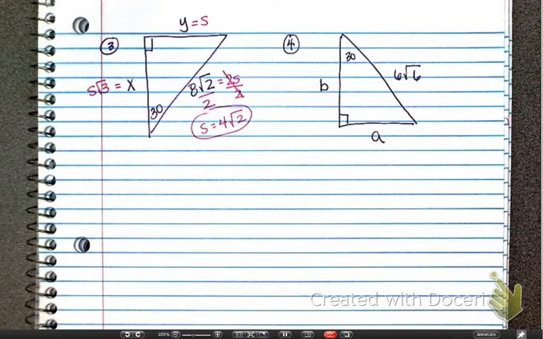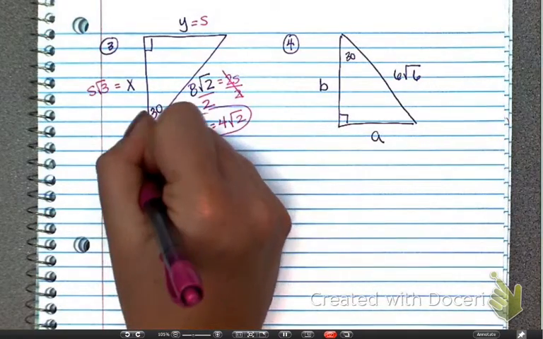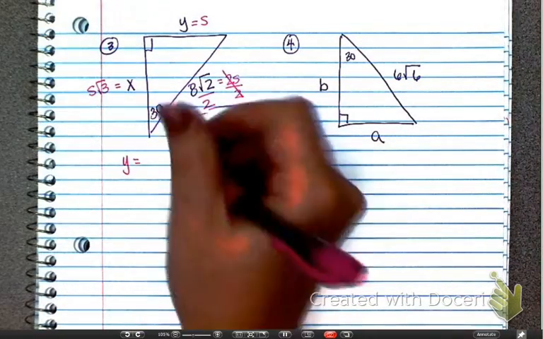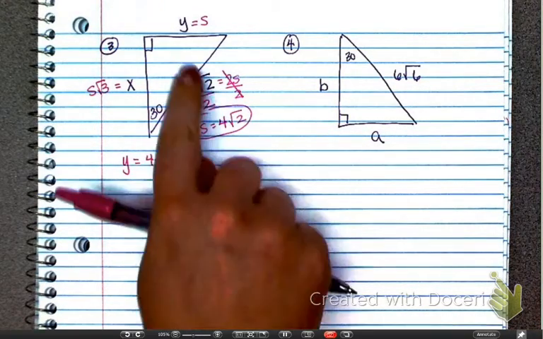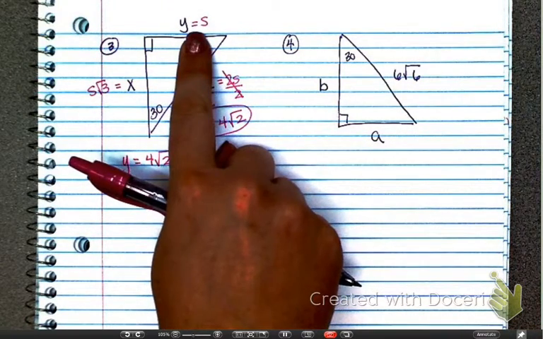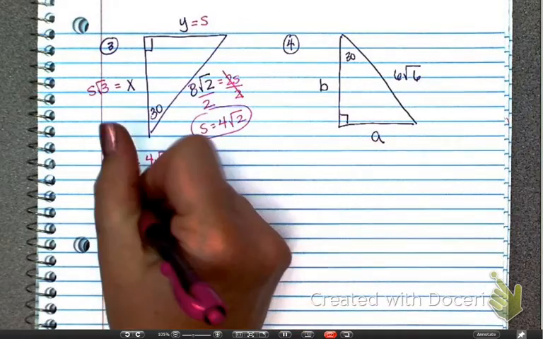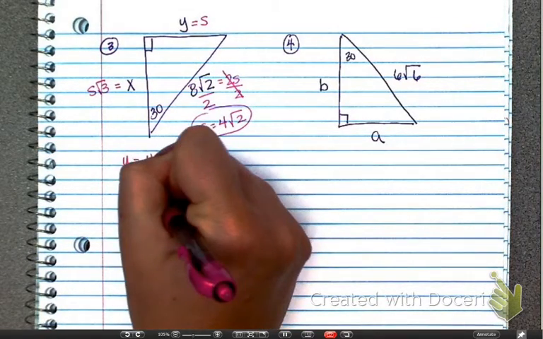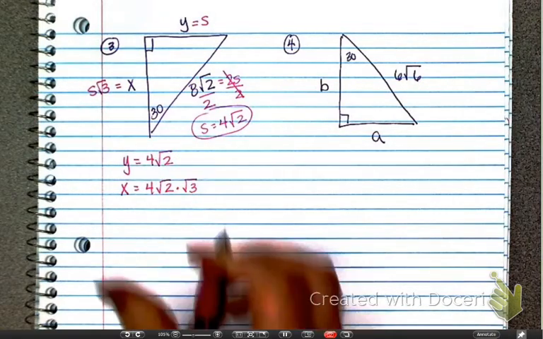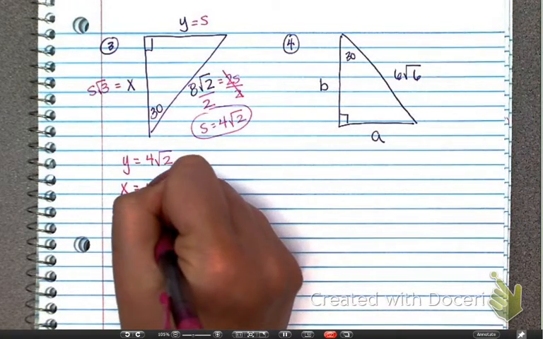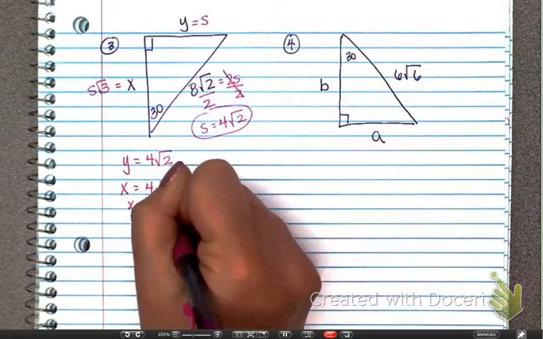Do we get that? No? Do we see it now? Okay. What is y? 4 radical 2. Nope, because y is just s. And then x, I do 4 radical 2 times that radical 3, which is 4 radical 6.